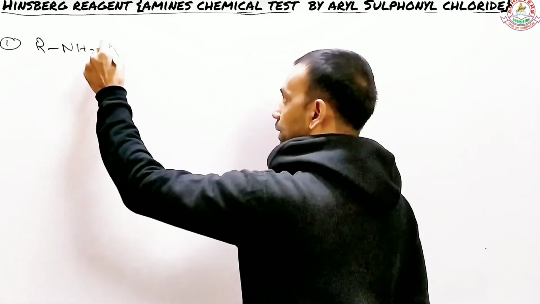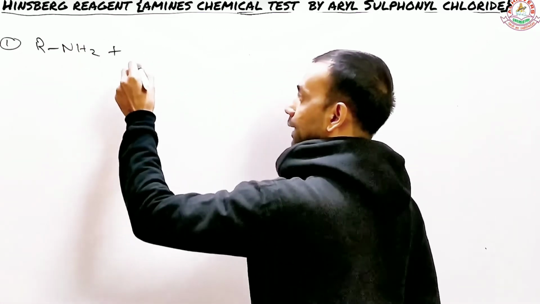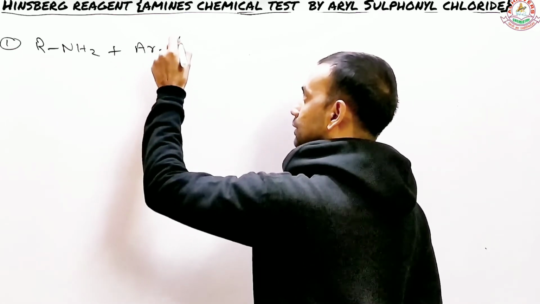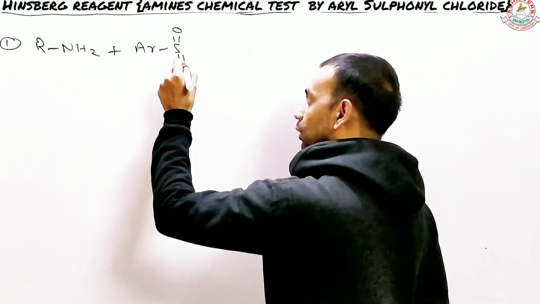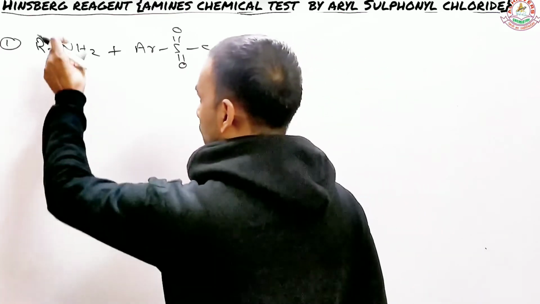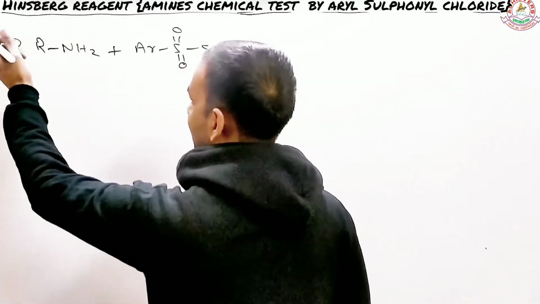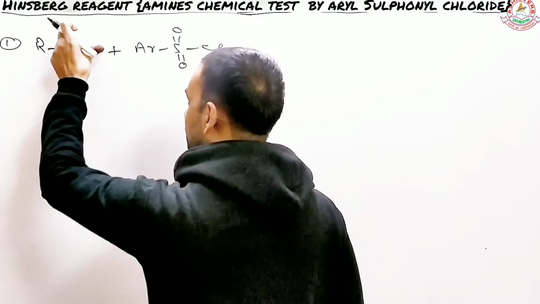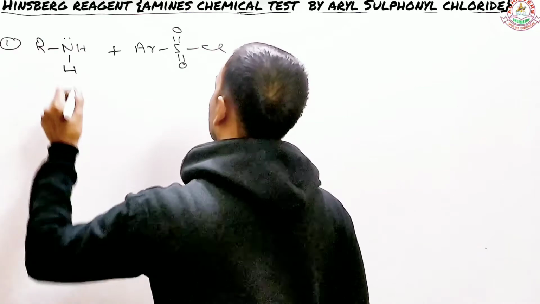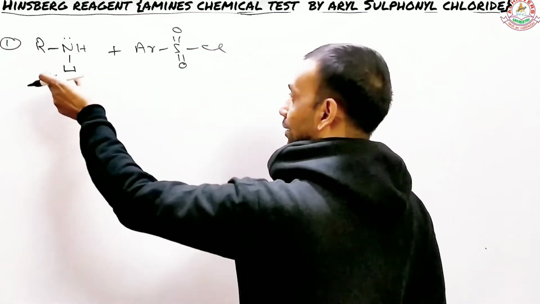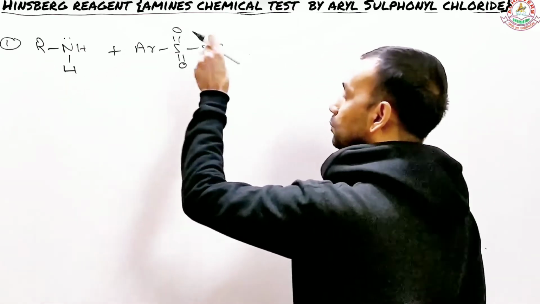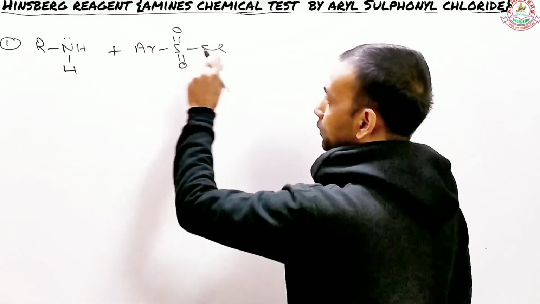Now, if you react this 1 degree amine with aryl sulfonyl chloride, this is what it is, aryl sulfonyl chloride, then one of the hydrogens present on the nitrogen can come out and form HCl with the chlorine.